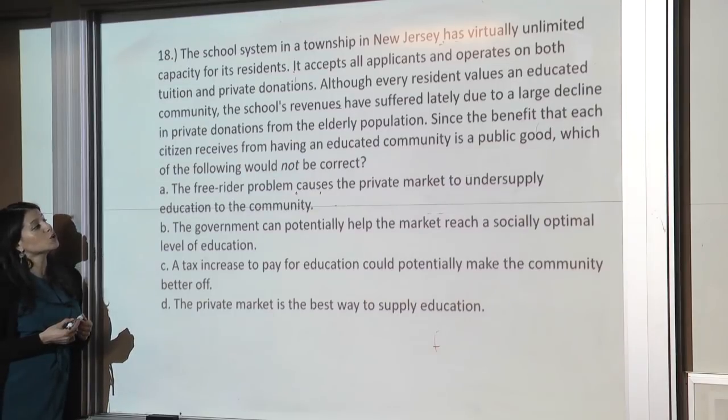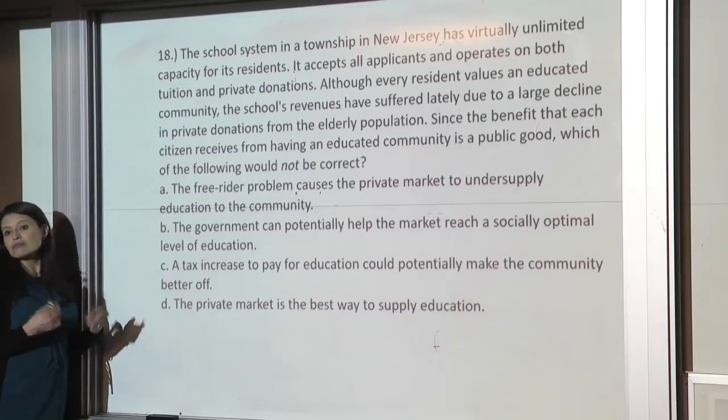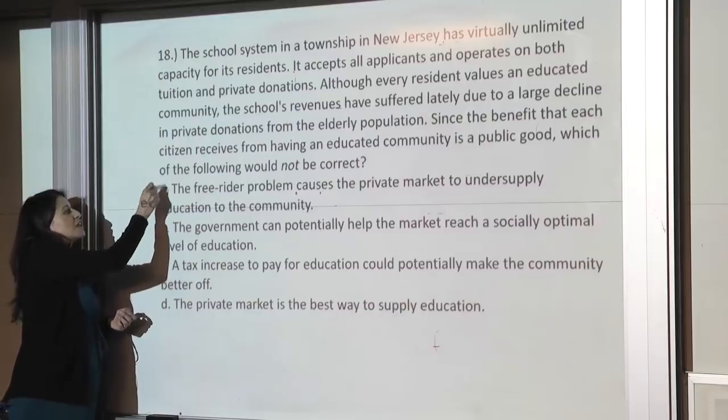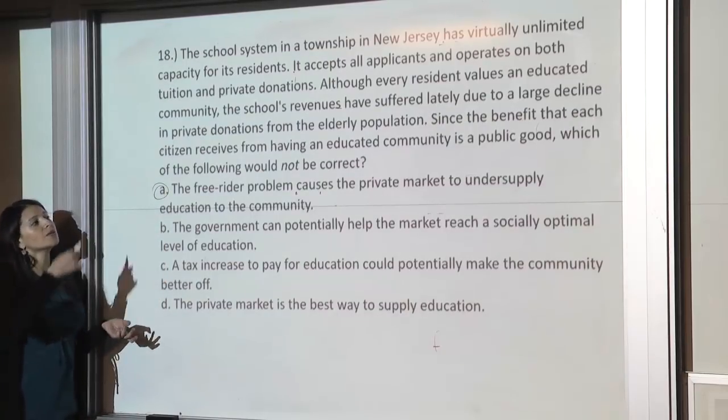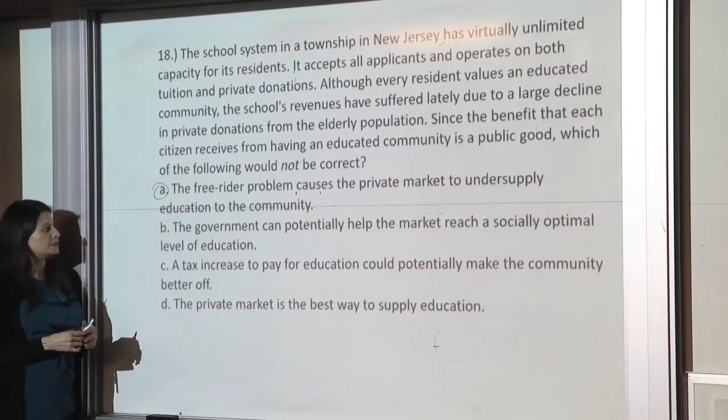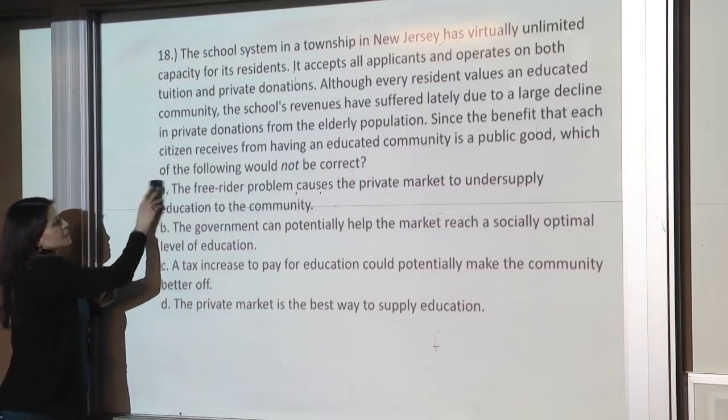Causes the private market to undersupply education to the community. Yes, this is basically the definition of the free rider problem. We are talking about a public good that could happen. So that's fine. This is correct.